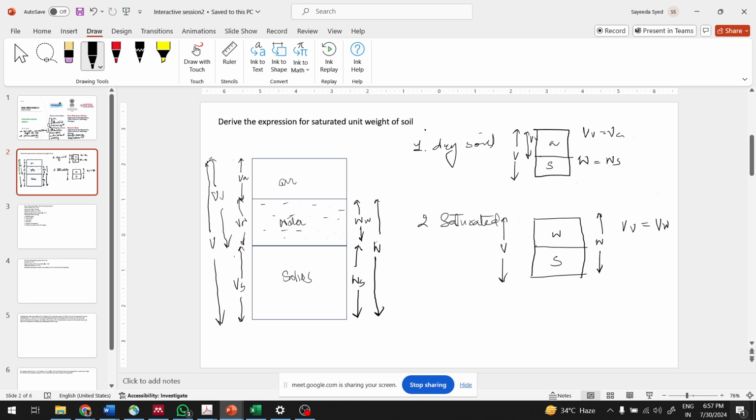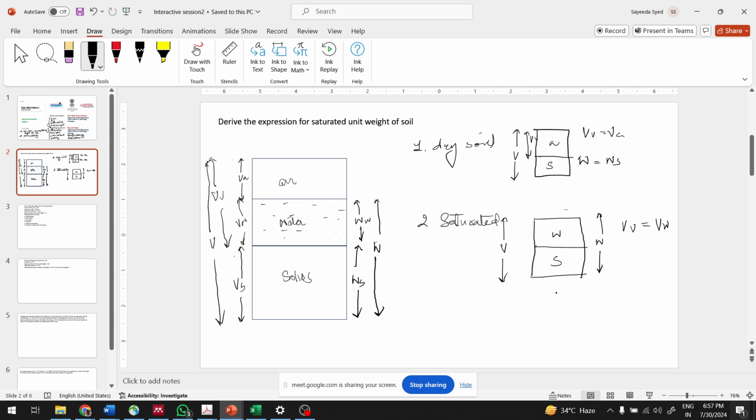Okay. So we have been asked to derive the expression for saturated unit weight of soil. We can do this two ways. Either we can take the formula that's the master formula for every kind of weight volume relationship, or we can simply do one thing.